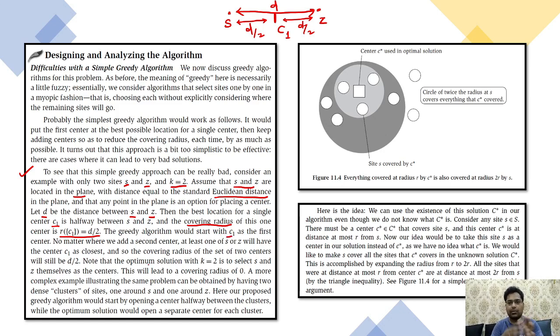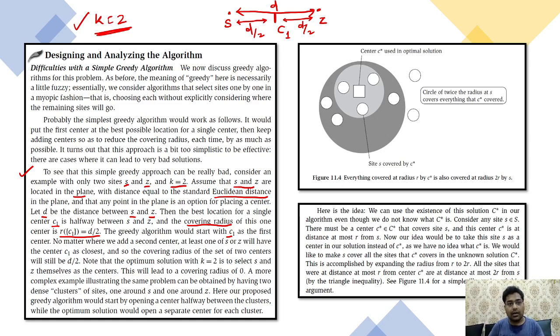So the greedy algorithm would start with C1 as the first center. As we said, we have to use a greedy approach through which we provide a mall among the locations within a city. No matter where we add a second center, suppose we said K has to be 2, which means we should place two different malls.